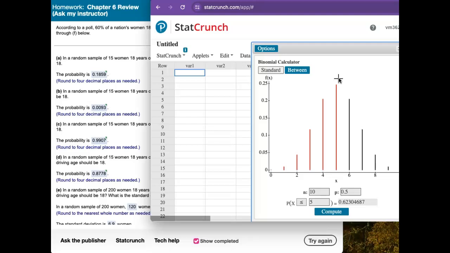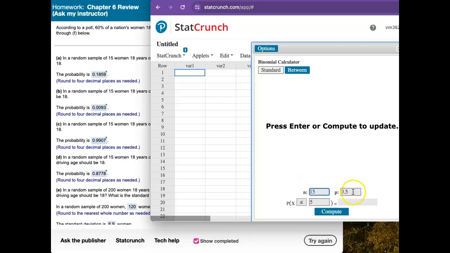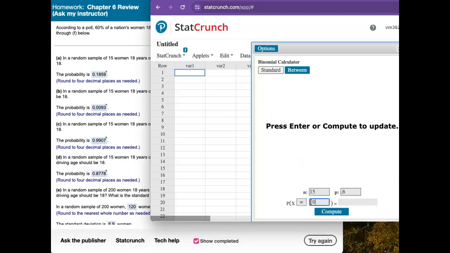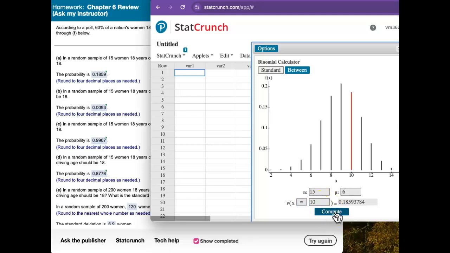So the first problem says, okay, we've got a sample of size 15, so n is 15. The probability of success is 0.6. And we're looking at what's the probability that x equals 10. So change this to 10 and then compute. So that's our first answer, 0.1859.